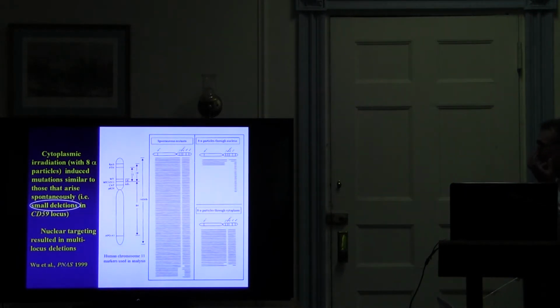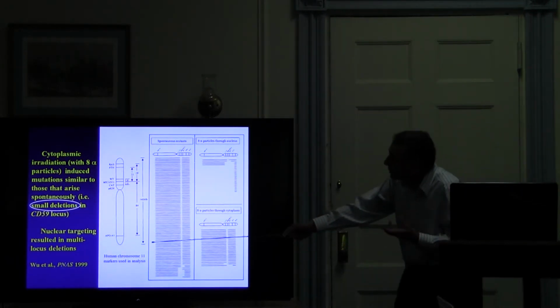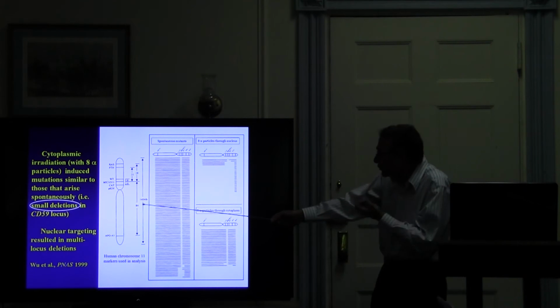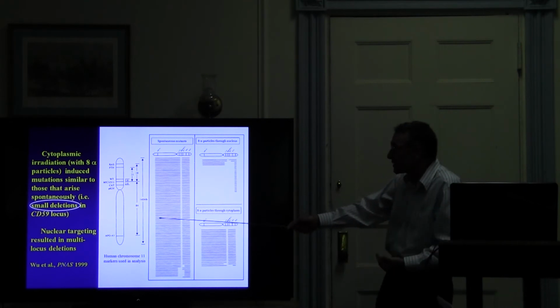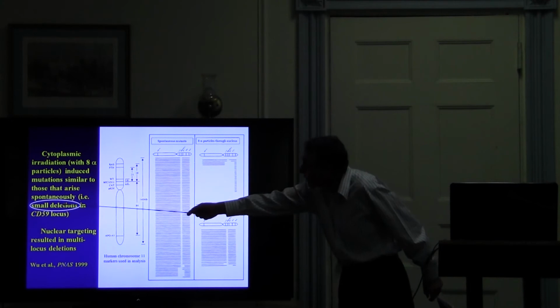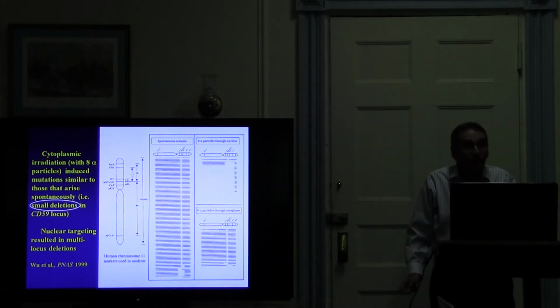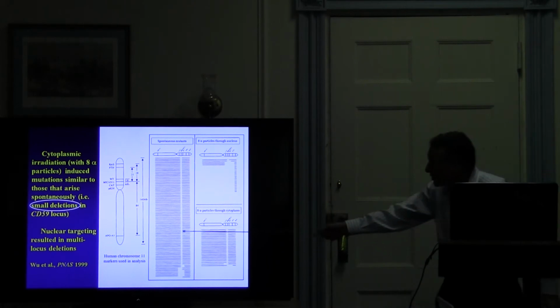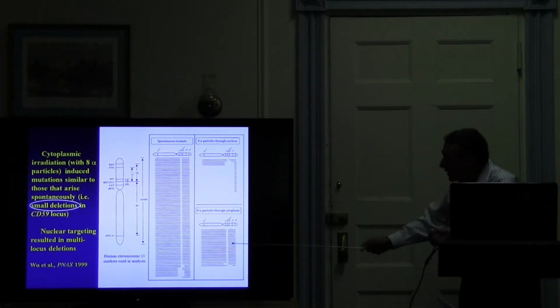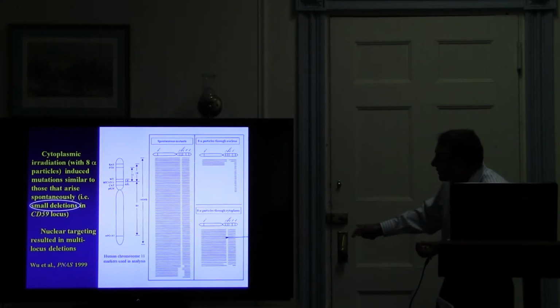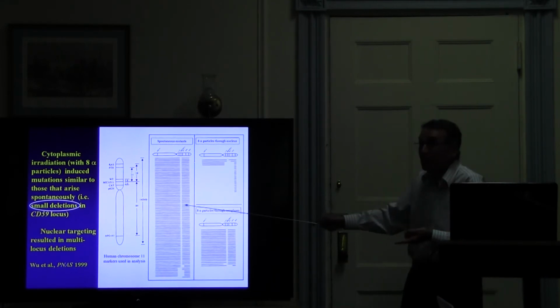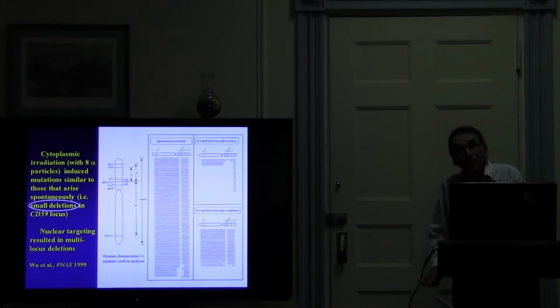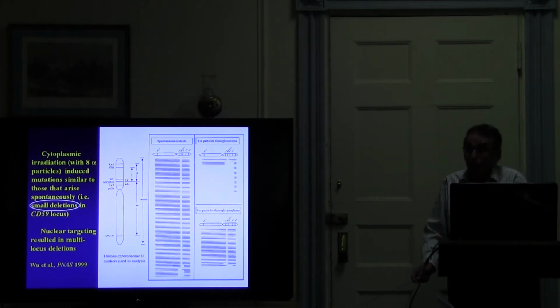And when Lejeune went on to look at the nature of the mutations, he found that after cytoplasmic irradiation, he observed small deletions, versus if it was nuclear targeting, it was large deletions. So the nature of the mutation after cytoplasmic irradiation was like spontaneous mutations, which is very informative from the biology point of view, that small deletions arise from oxidative stress.